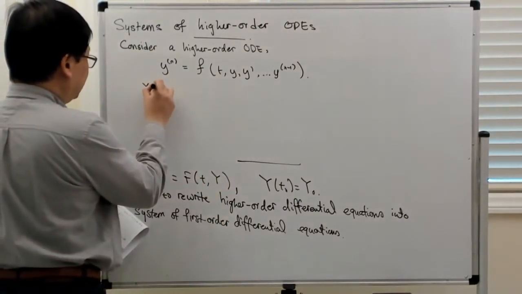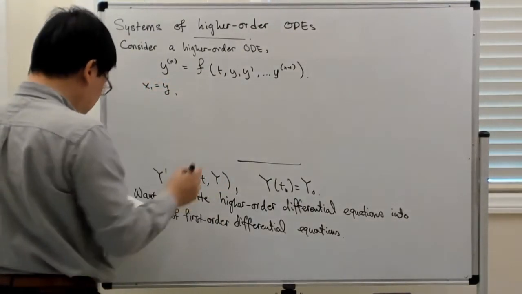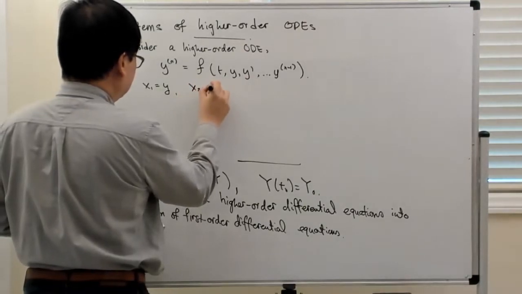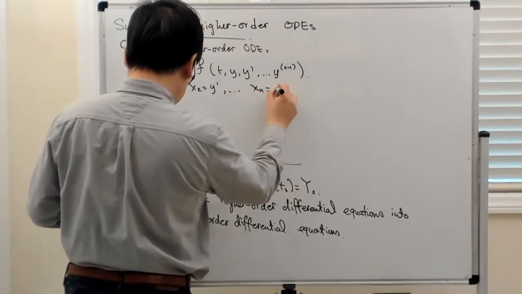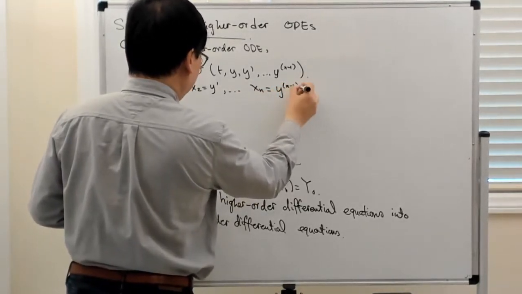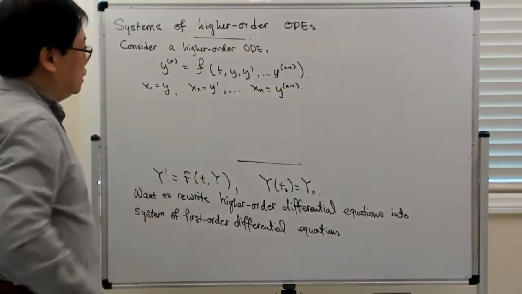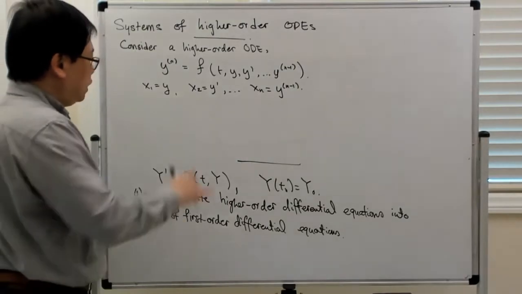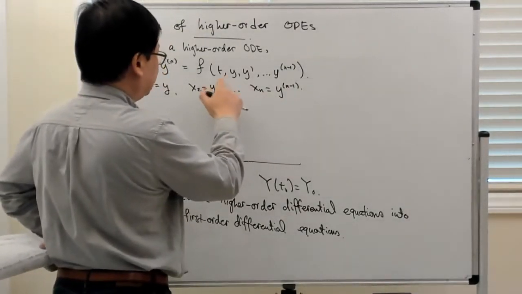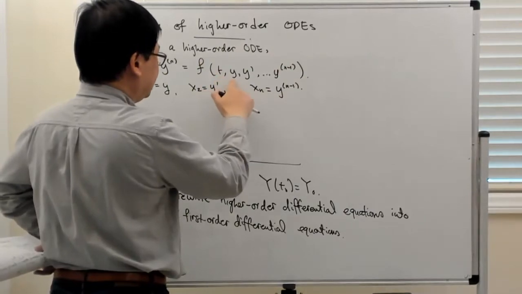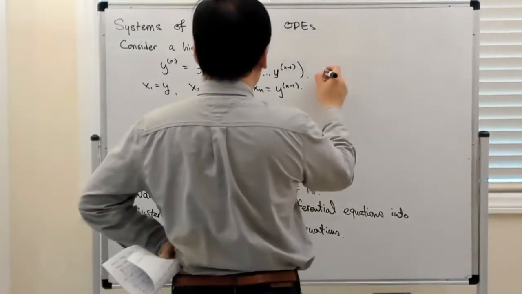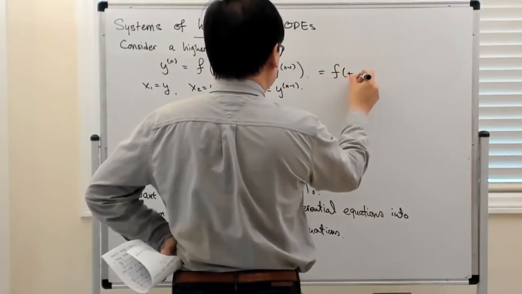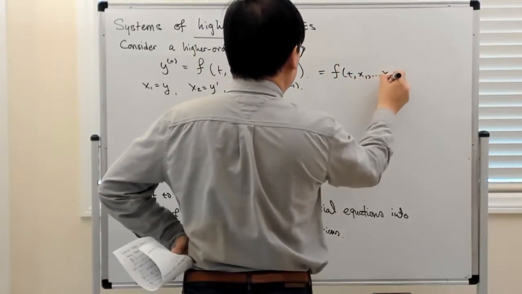Let's say x1 is equal to y, and x2 is equal to y prime, all the way up to xn is equal to the (n minus 1)th derivative of y. Okay, so this kind of substitution has the net effect of writing the right-hand side as f of t, x1 to xn.